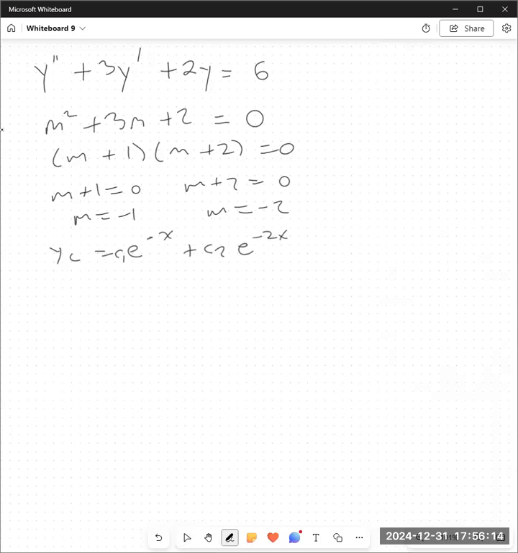My total solution y is going to be equal to yc plus yp.